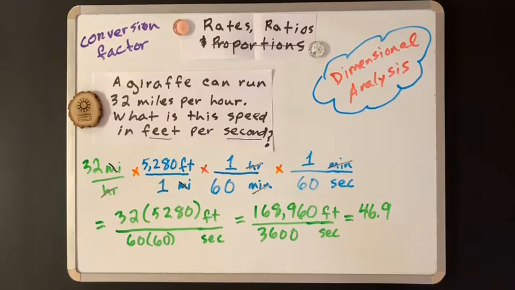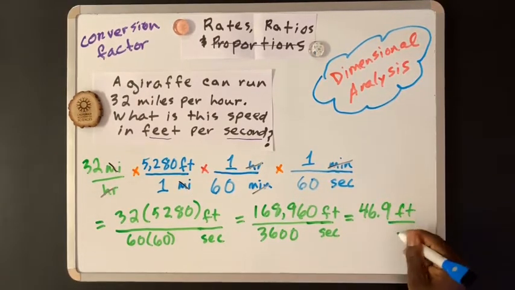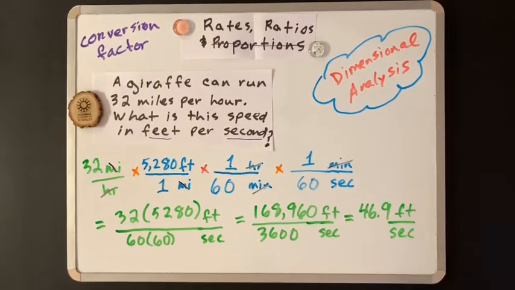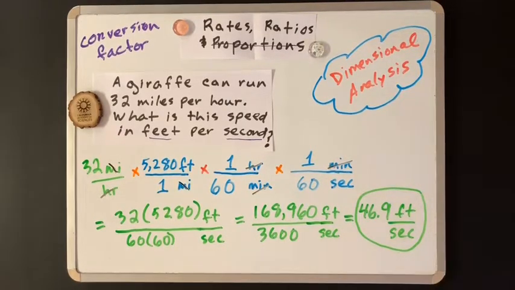And what's the unit? Feet per second. This is our final answer. So we know that the giraffe can run 32 miles per hour, but that converts to 46.9 feet per second. All right, excellent.